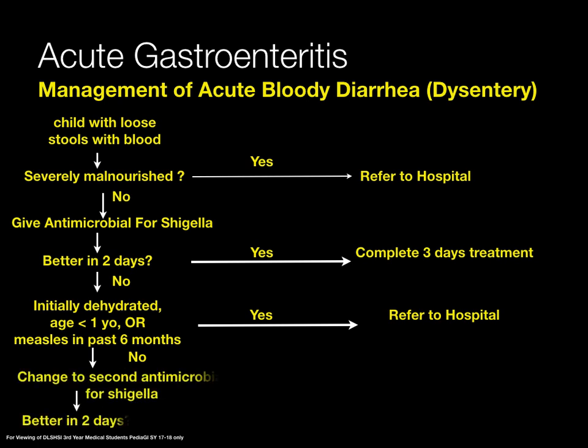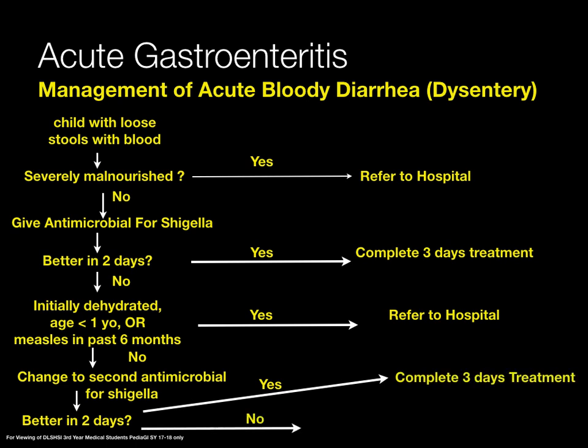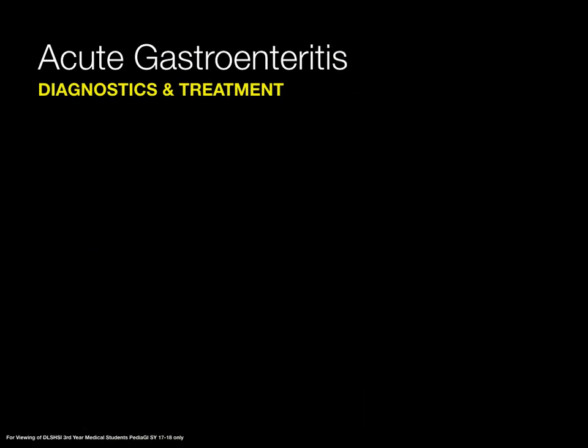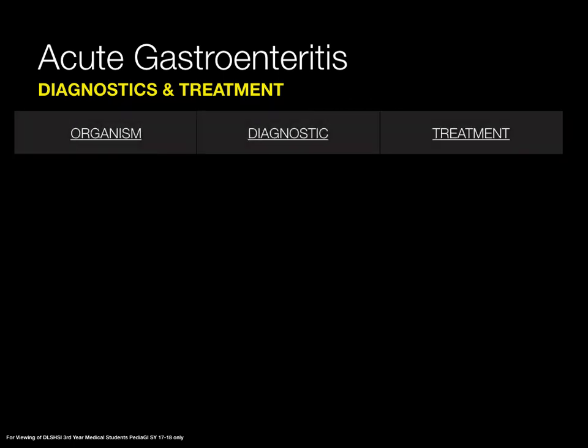If not, change to second antimicrobial for Shigella. If the child improves, complete the treatment. If not, bring to the nearest hospital and treat for amoebiasis. This table shows you how to treat acute gastroenteritis for the different etiologies of it.